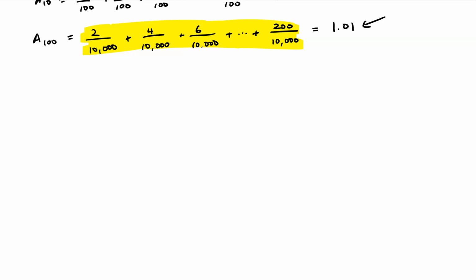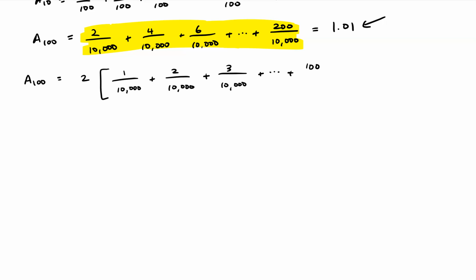And the first thing that you want to do for a sub 100 is notice that all of the numerators are even, so you could factor out a 2, and then what you'll be left with is 1 over 10,000 plus 2 over 10,000 plus 3 over 10,000, and then the last term is going to be 100 over 10,000.